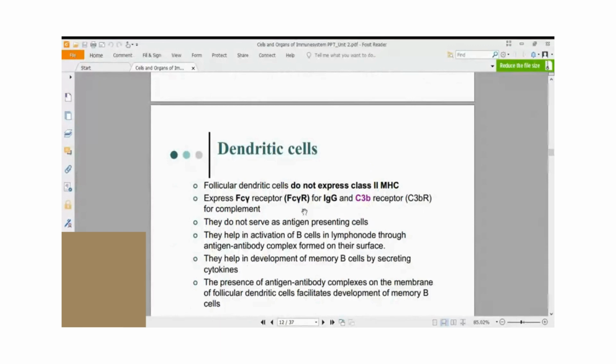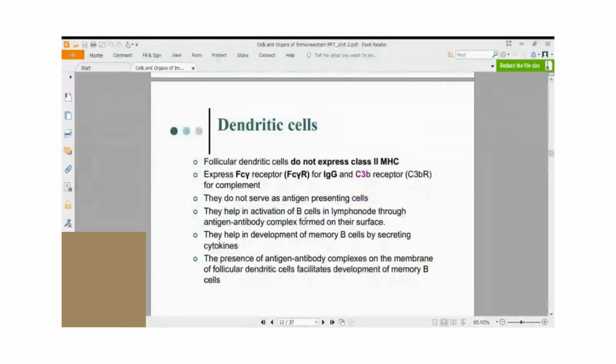Therefore, they are capable of endocytosis of the antigen through these receptors and process the antigen. At the same time, when these receptors have been bound by the antigen antibody complex, they are responsible for presentation of that antigen to the B lymphocyte in the lymph node.